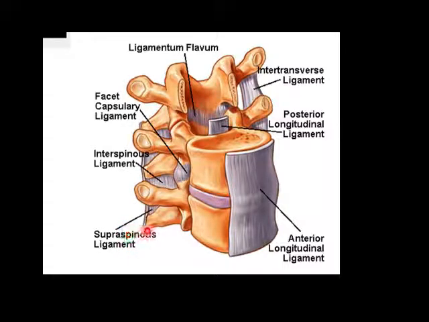Okay, this is the supraspinous ligament. This is the interspinous ligament. Between each lamina and the lamina below, there is a ligament called ligamentum flavum. Okay, so we have anterior longitudinal, posterior longitudinal, intertransverse, ligamentum flavum, interspinous, and supraspinous ligaments.